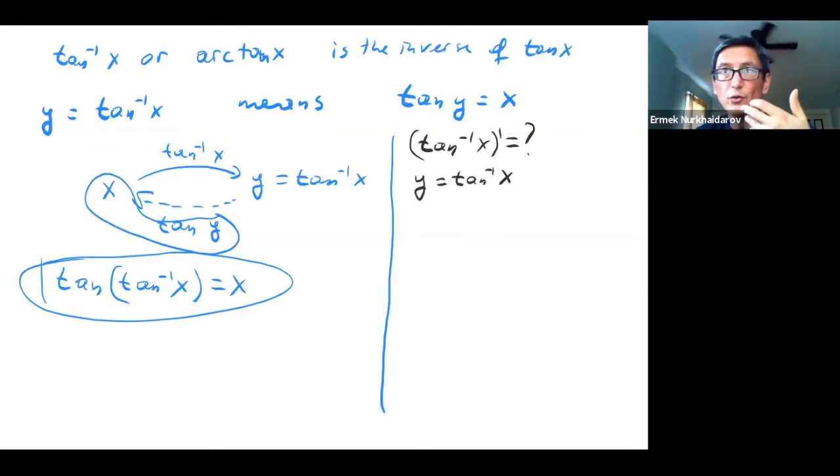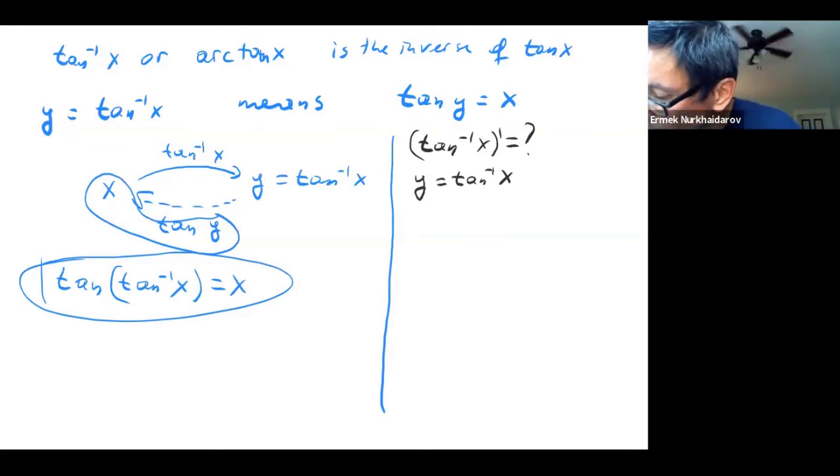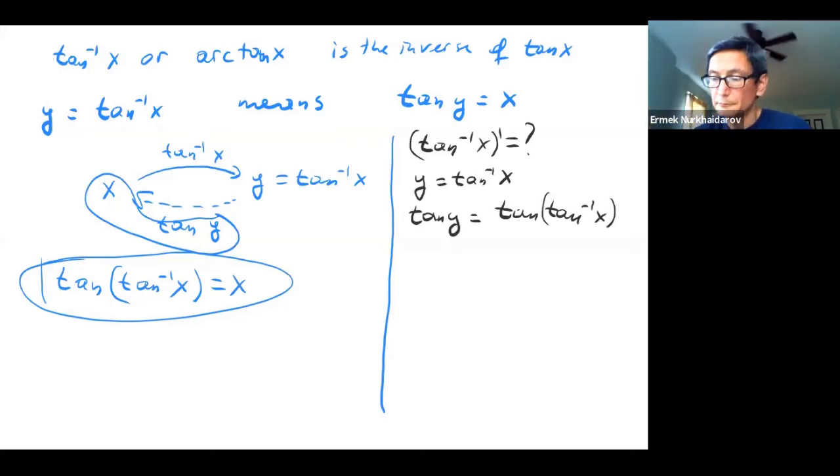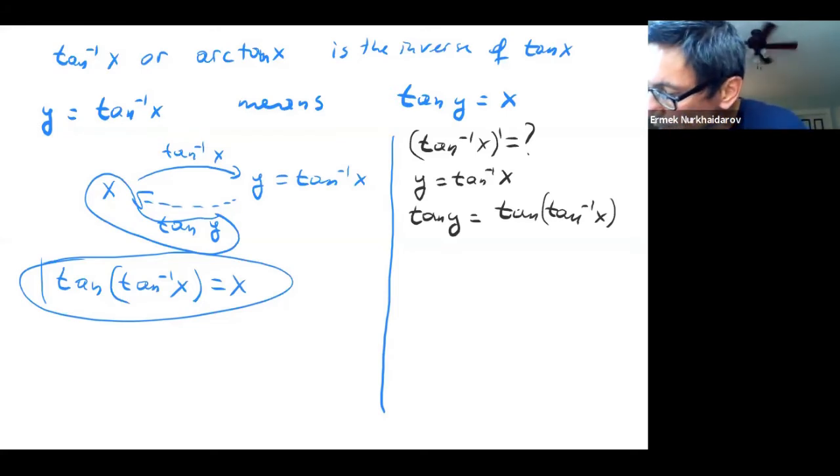So we're going to take tangent of both sides. Then on the right side, tangent of tangent inverse, they cancel each other. We have just x on the right side. Left side is tangent y.